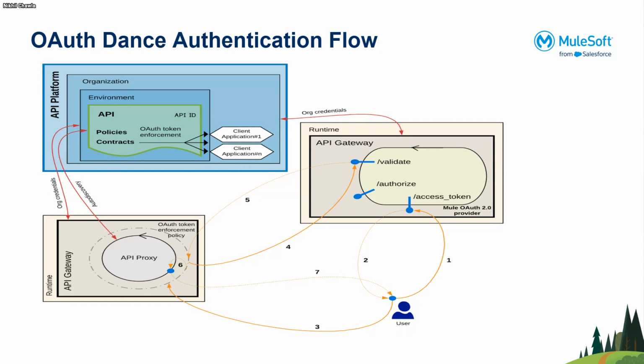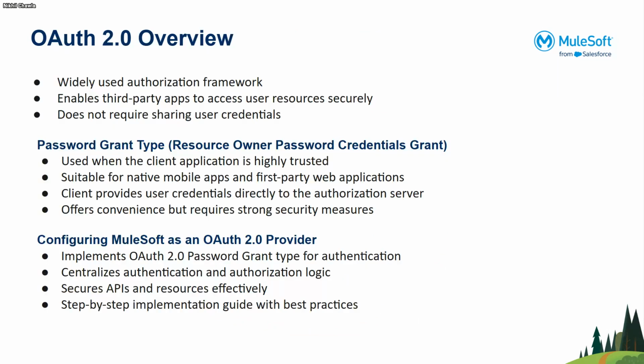I'll not go much deeper into this part, because for anybody to go further into the slides, you must be aware of at least the basics of OAuth. So I've just given a basic understanding of it. Now moving on to the OAuth overview.